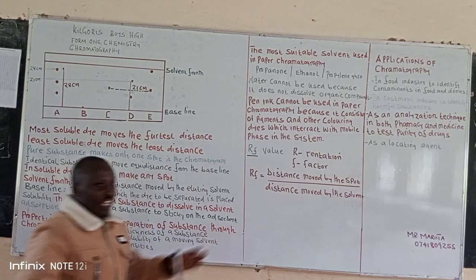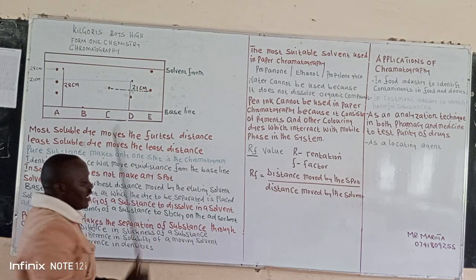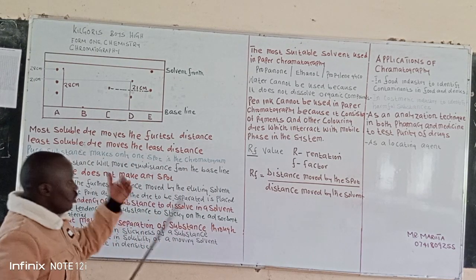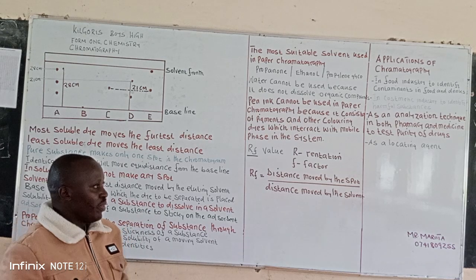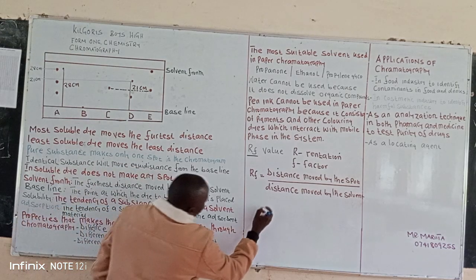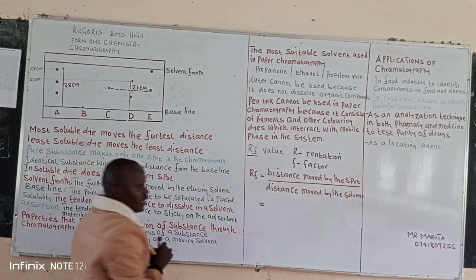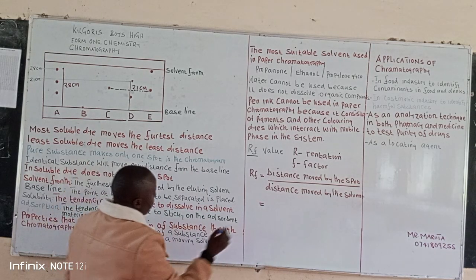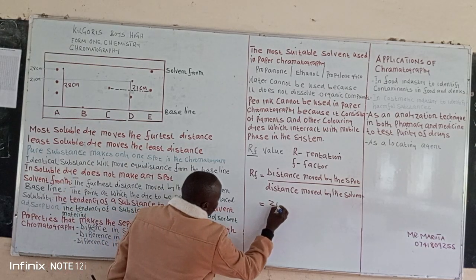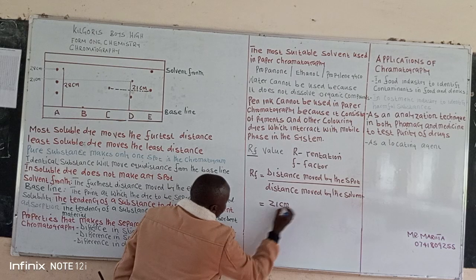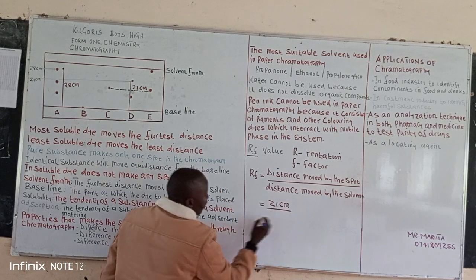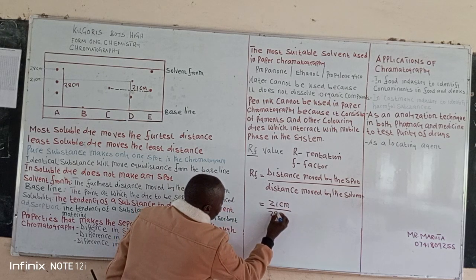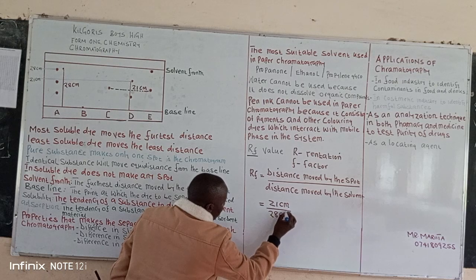Therefore, to get the retention factor, it is the distance moved by the spot divided by the distance moved by the solvent. In this case, 21 centimeters divided by 28 centimeters.